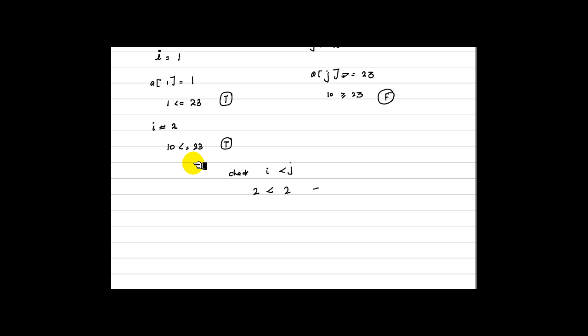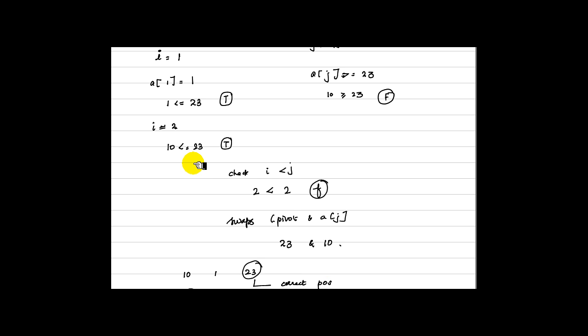False. Hence it swaps the pivot element and a of j. The pivot element over here is 23 and a of j is 10. So it swaps, giving 10, 1 and 23. Now 23 is in the correct position.